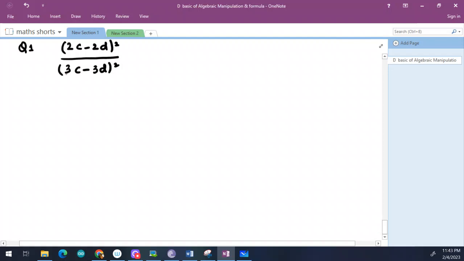You can see here 3 is the same, and here 2 and 2 are the same, so we can take them out so that the C and D remain in the bracket and will be the same, and we can cancel it.